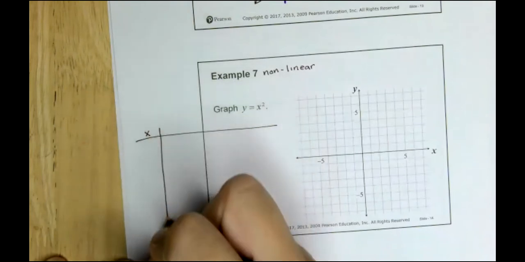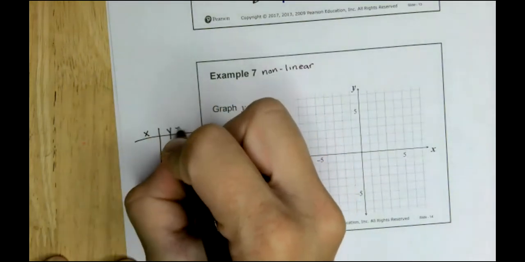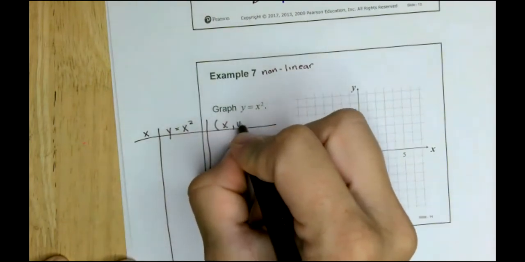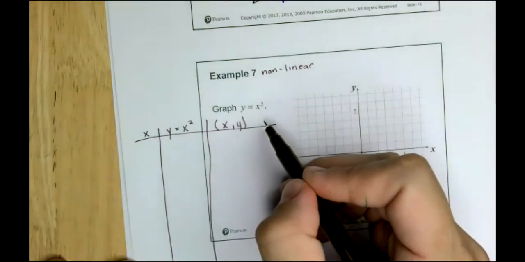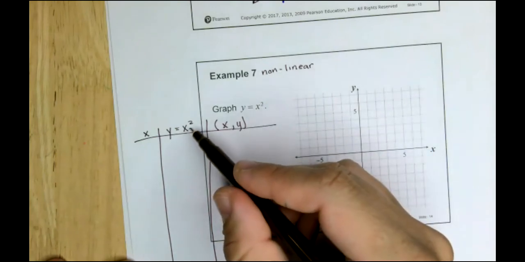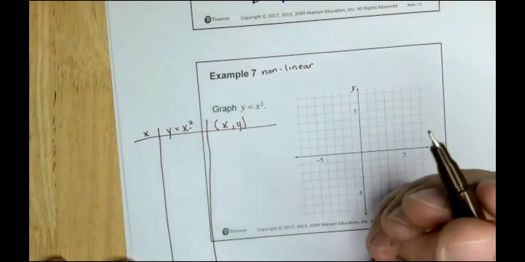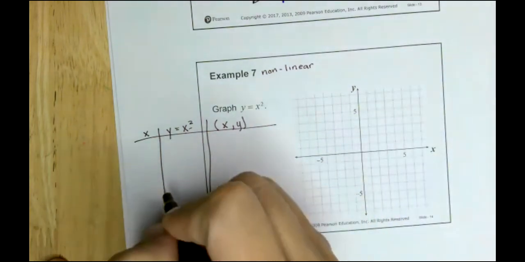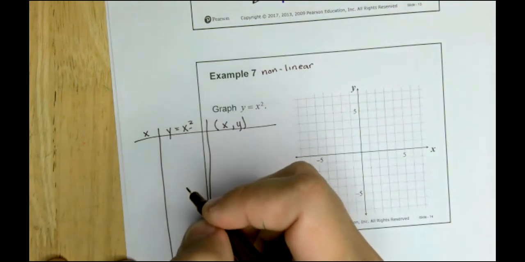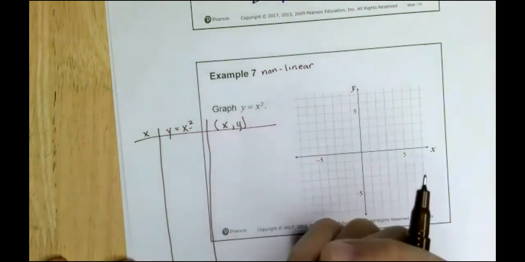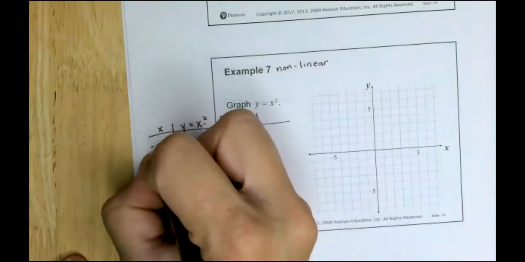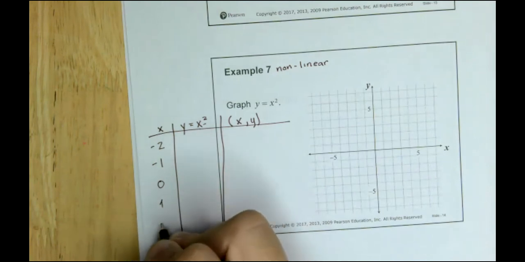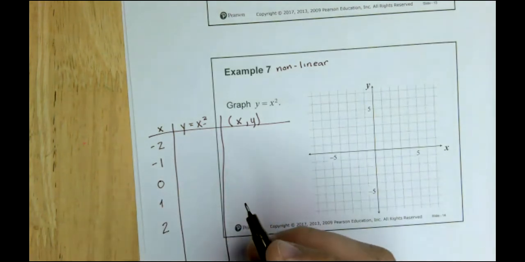X, y equals x squared, x, y. All right, I'm going to pick easy numbers, but I don't know what this is going to look like, so I might need more than 3. So I'm going to start with -2, -1, 0, 1, and 2. All right.